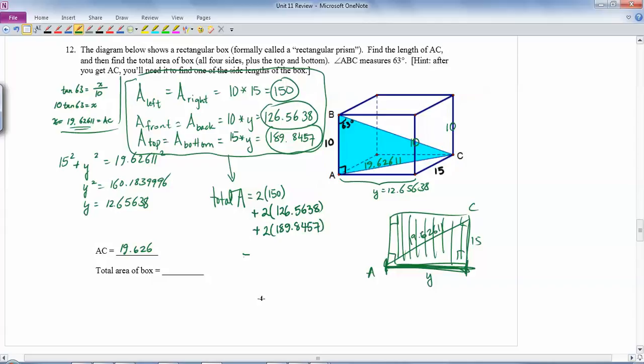And so if we add those all up, we end up with 932.819 if we round to 3 places. And I don't think there are any units for this. It would be units squared because it's an area.